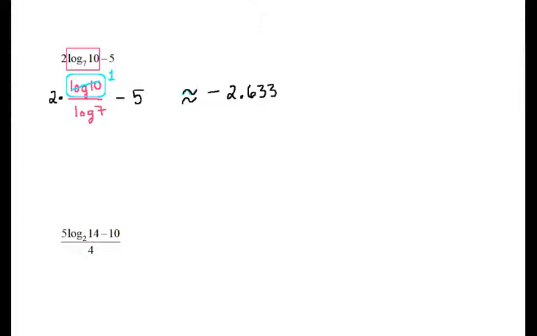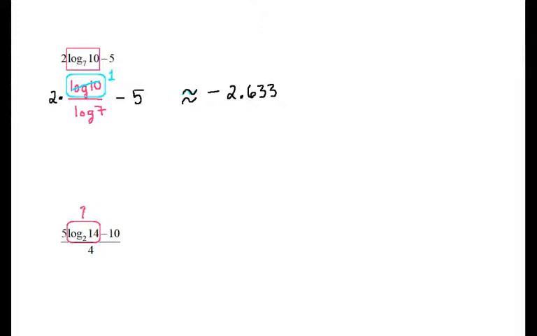I do encourage you to try to get the whole expression into your calculator rather than writing down decimal approximations along the way. As these expressions get a little bit longer, the amount of rounding error that you're going to have in your final answer could end up being bigger than you intended. So even though I'm evaluating the log first, in a sense, I'm still going to get the calculator to store the result.